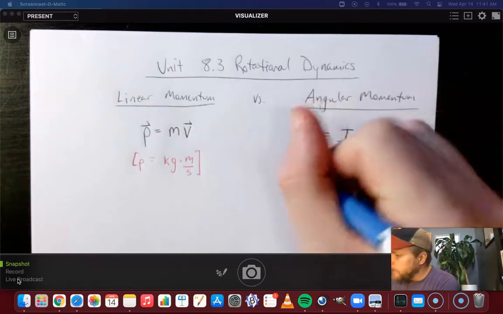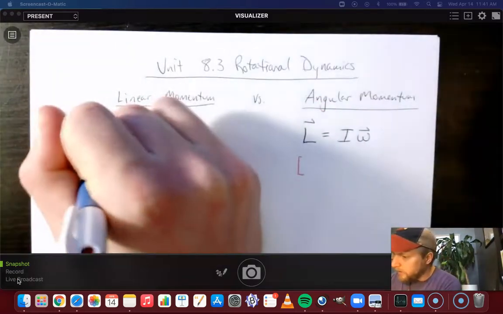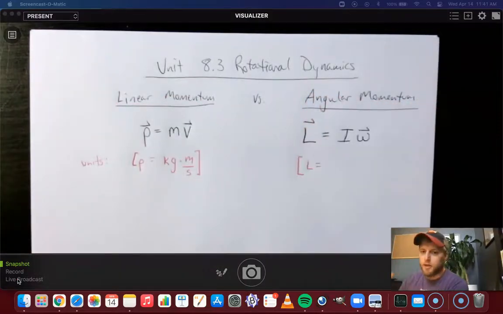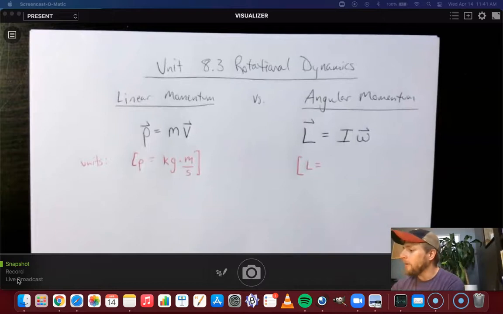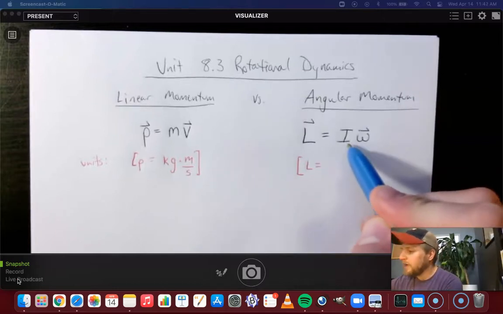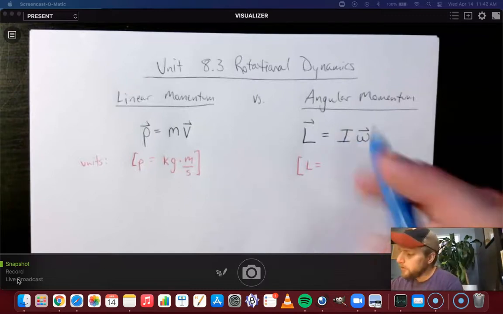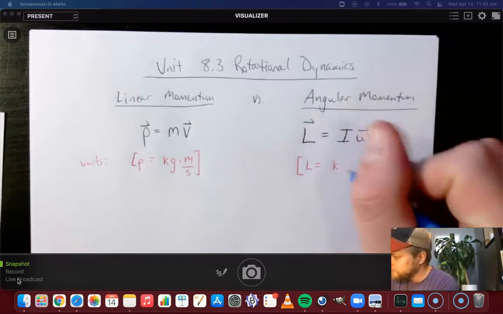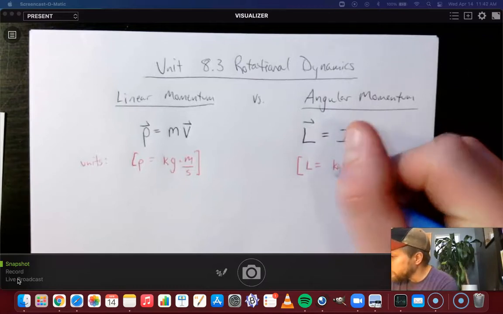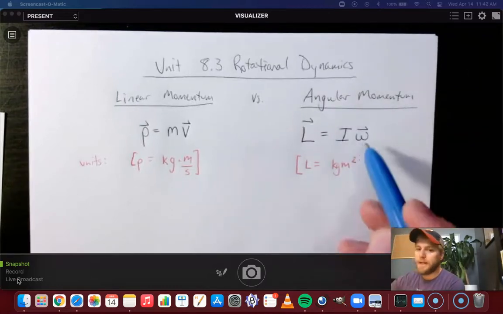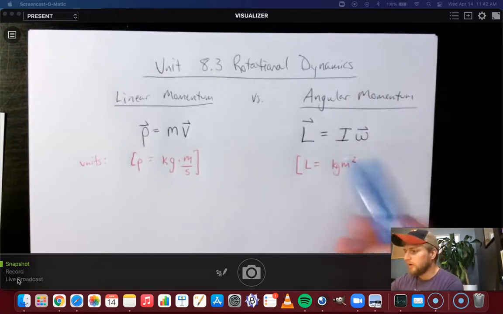Now, if we look at the units for angular momentum, you'll hear me kind of shorten it to ang momentum, it's a little tricky here, but if you recall, the units for moment of inertia are kilograms meters squared, and the unit for angular velocity is radians per second.